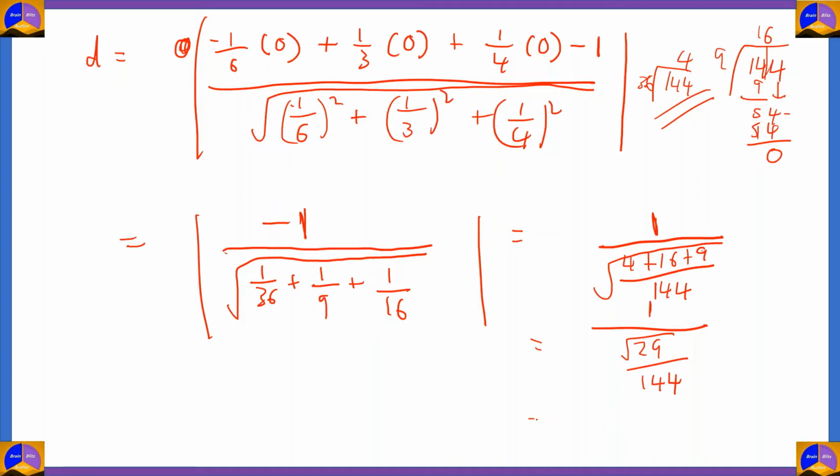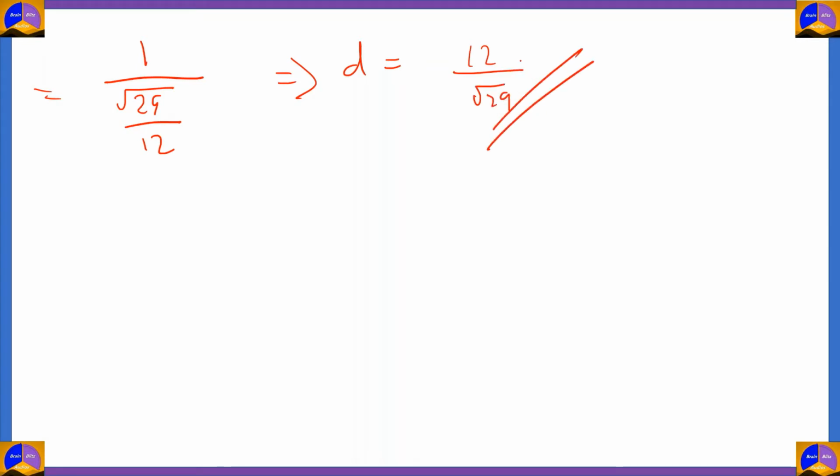The numerator is still 1. Now, the square root of 144 is equal to 12. So it'll be 1 by root 29 divided by 12. And so the distance d will be equal to 12 by root 29 units. That is our answer.